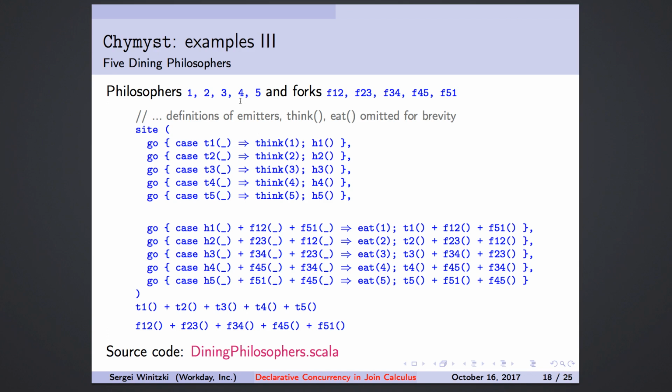I can declare an array of molecules, an array of reactions, and then I can dynamically construct the site at runtime. So this is dynamic, and yet every reaction is statically defined. So there must be this static guarantee, and yet you can add reactions at runtime.